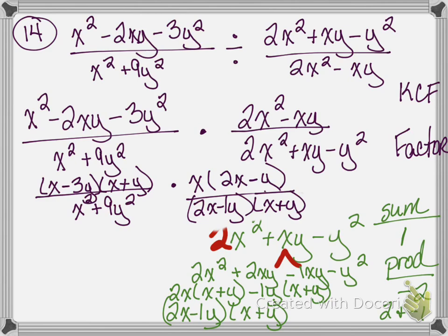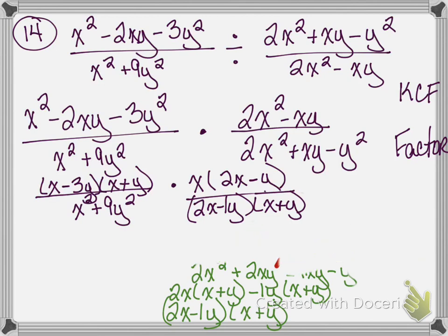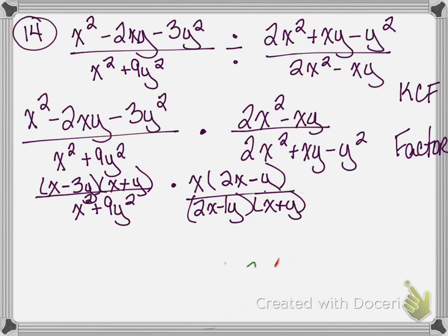Okay, can I erase the factoring? Okay, so I'm erasing the green. Now that we've got everything factored, and again, this is where students got hung up with the factoring, that one right there. So we have 2x minus y and 2x minus y.